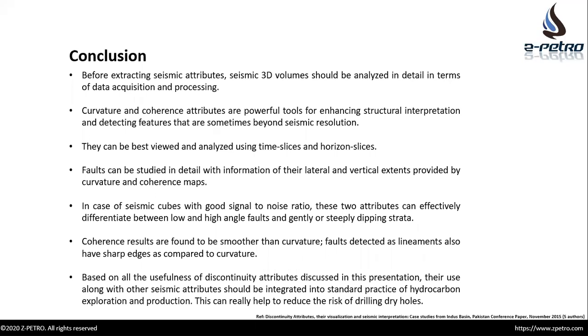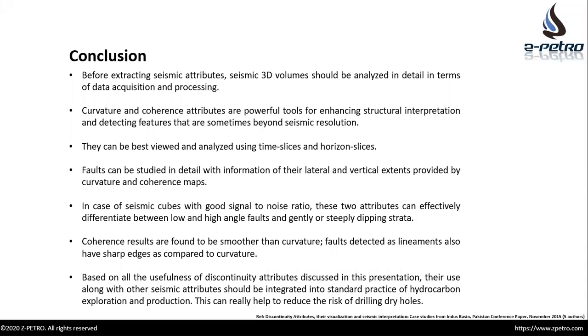Also, in the case of seismic data with a good signal-to-noise ratio, meaning that if you have good quality seismic data, then the coherency and the curvature attributes can effectively differentiate between low and high angle faults, all right. But the condition is that you have a good quality seismic data set.